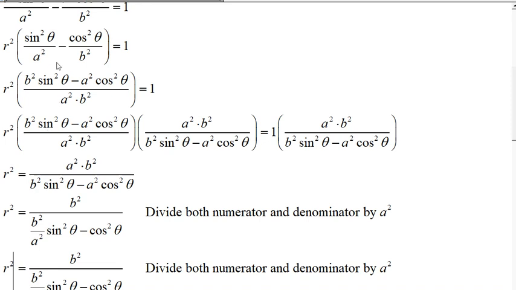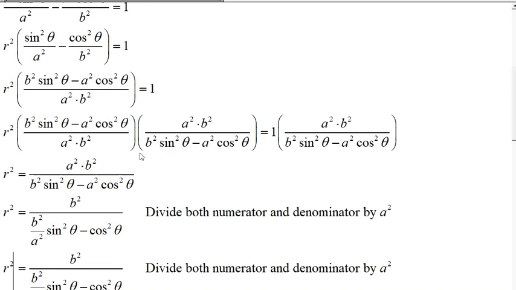Now let's multiply the left side and the right side by the reciprocal of this expression. To form the reciprocal, just turn it upside down. So we have b squared sine squared theta minus a squared cosine squared theta over a squared b squared; turn it upside down and this is the reciprocal.